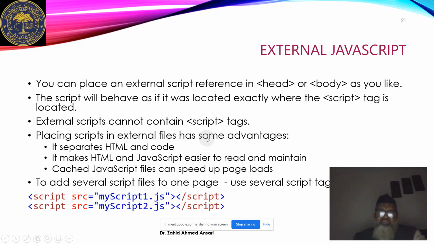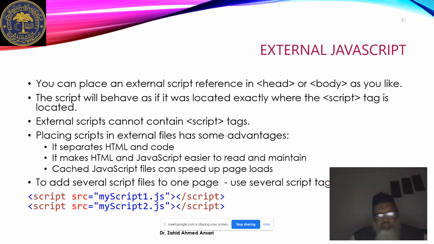Placing scripts in external files has some advantages. It separates HTML and JavaScript code. It makes HTML and JavaScript easier to read and maintain. And a cached JavaScript file can speed up page loads. So there are lots of advantages of using a separate JavaScript file.